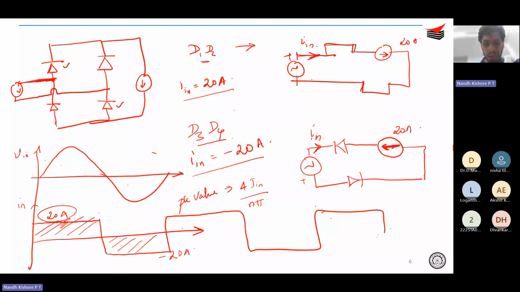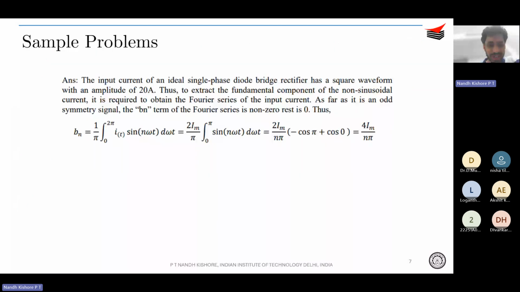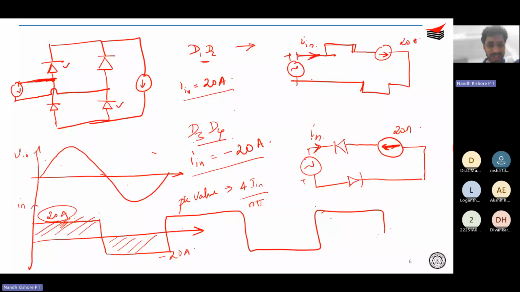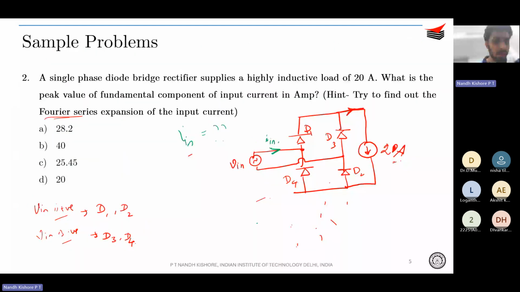Since we are dealing with the fundamental, n is equal to 1. So your peak value will be 4 into 20 by pi, that is equal to 80 by pi. So we just need to find out what 80 by pi is.